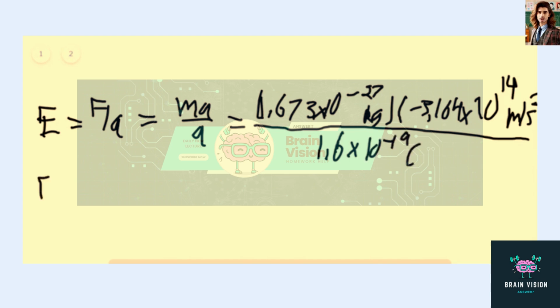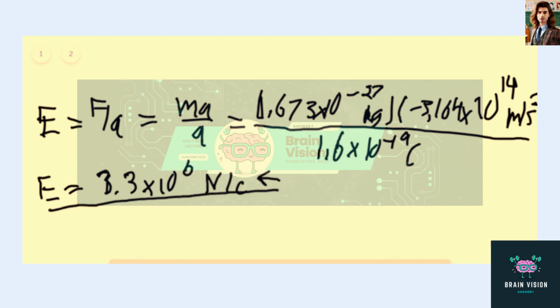And that's going to give us an electric field equal to minus 3.3, minus being to the left, so 3.3 is our magnitude, times 10 to the 6th newtons per coulomb, and that is to the left. So that's our answer to part A.